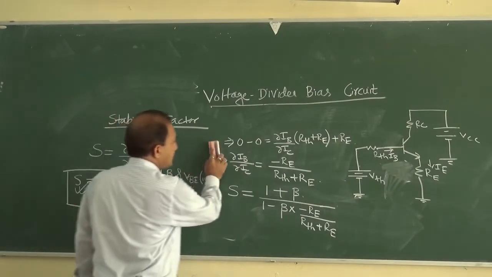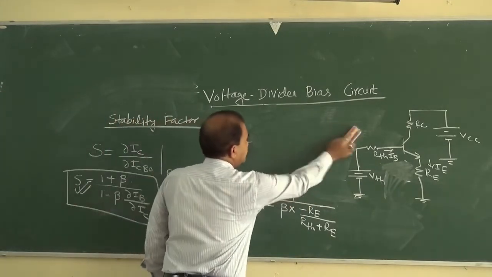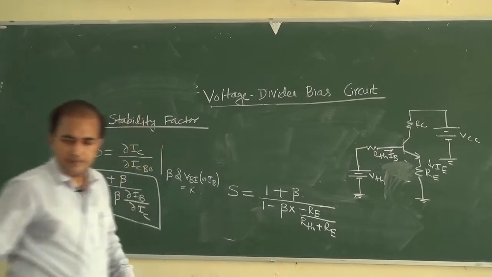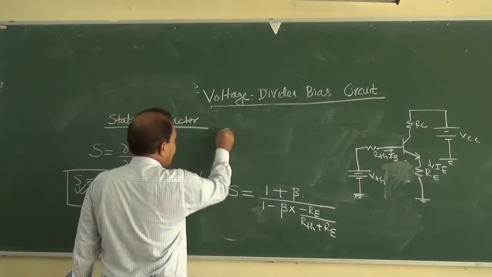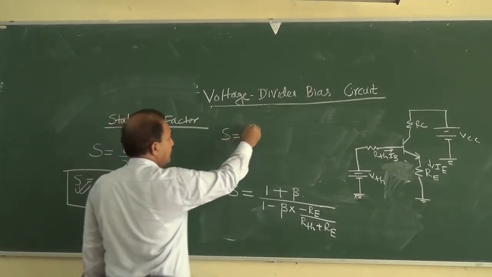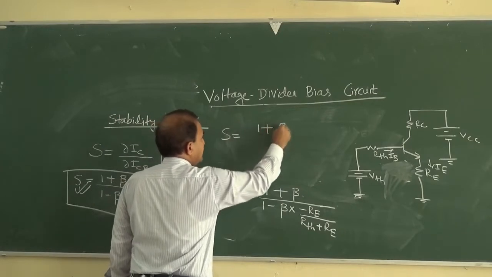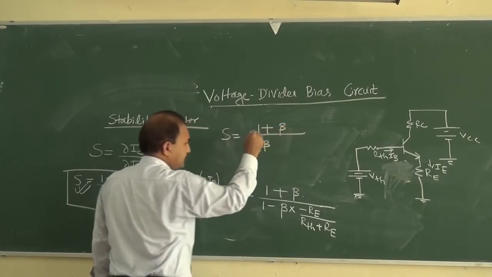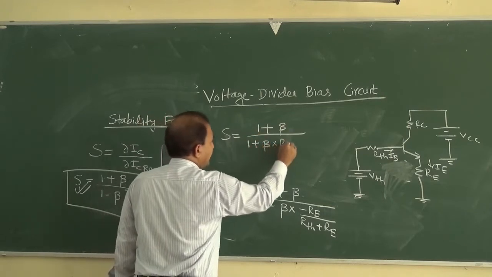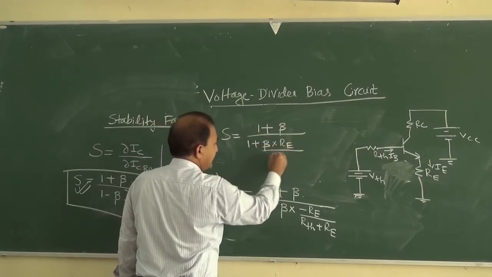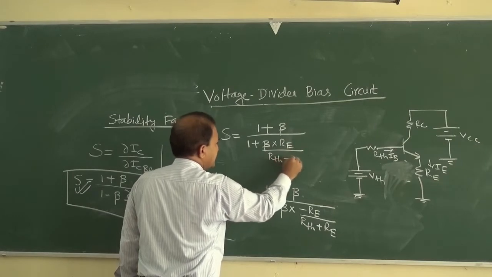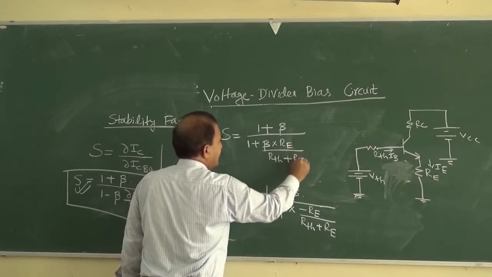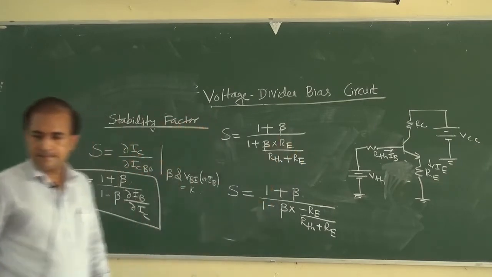So the stability factor S is equal to 1 plus beta divided by 1 plus beta into RE divided by RTH plus RE. Okay.